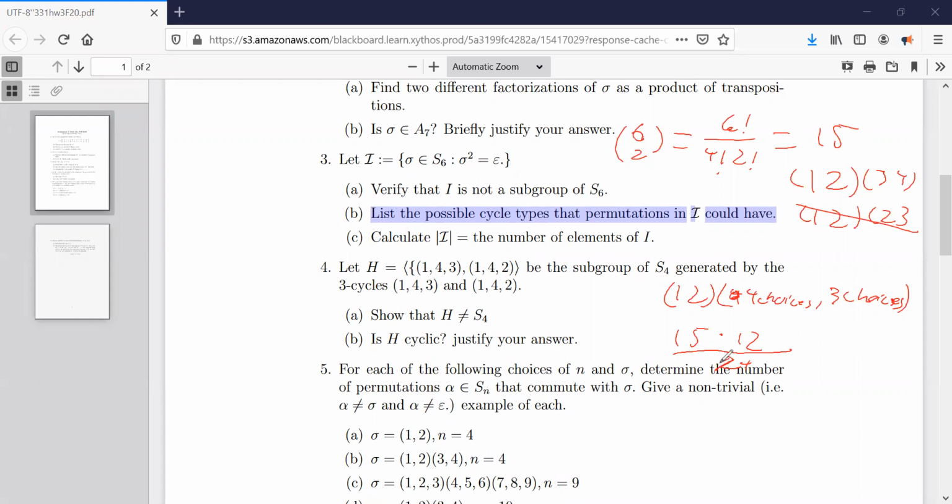Divide that by 4. This guy should be 4 choose 2, which would have already had the division by 2. The big thing is I don't care what order I pick these guys in. So I have 2 reasons to divide by 2. 1, 2, 3, 4 is the same thing as 1, 2, 4, 3 as well.